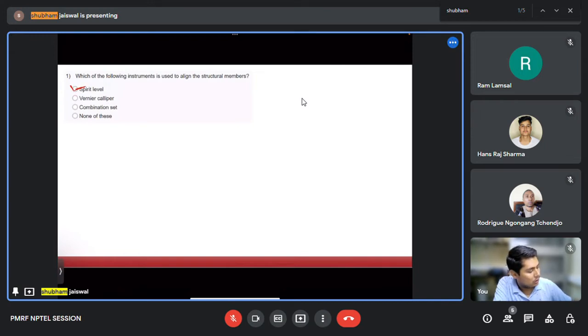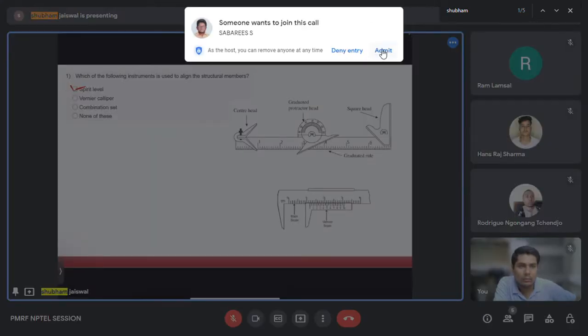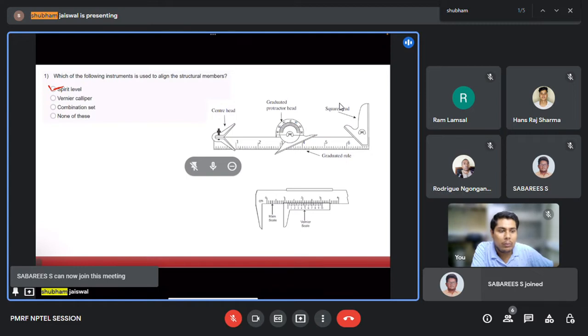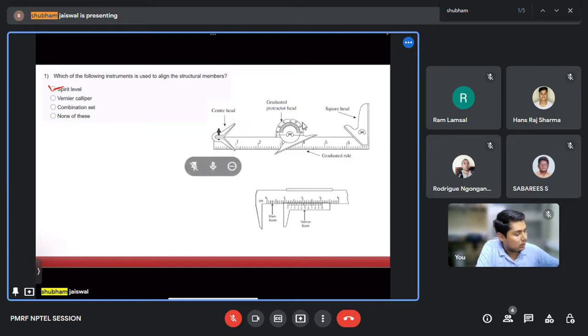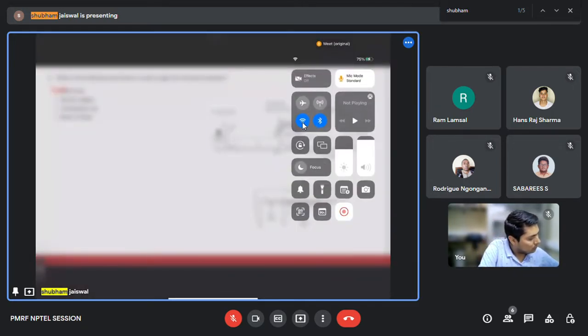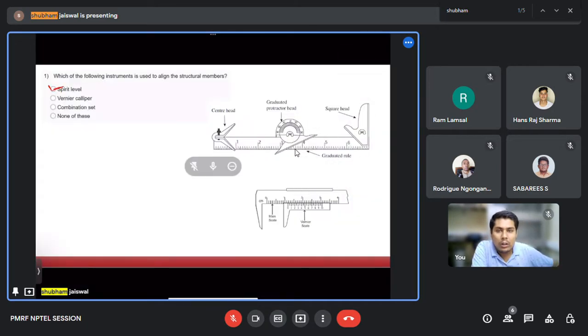So why is it so? If we take a combination set, we can mark the center of a circle, or measure the angle using the graduated protractor, or measure the height or depth of a part using a square head.